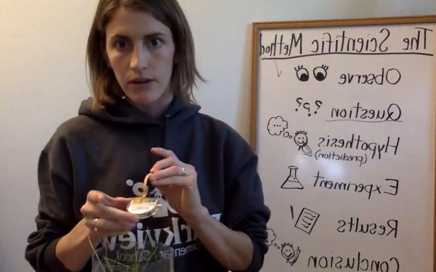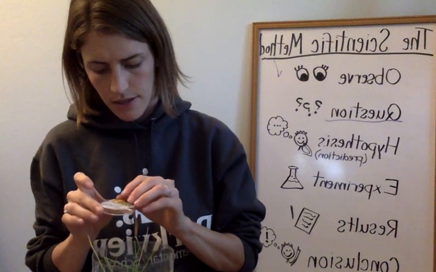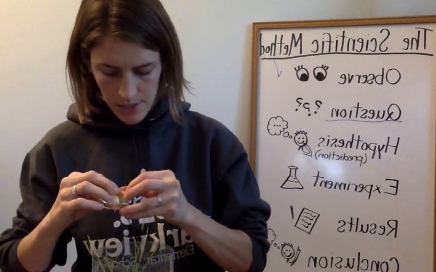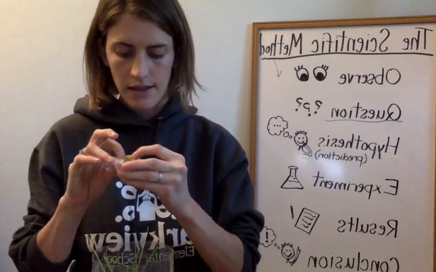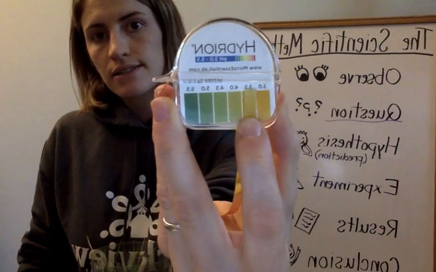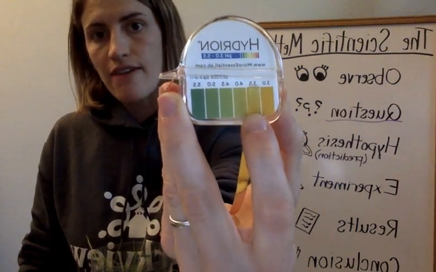So what I'm doing now is I'm comparing it to the colors, and I see that the tape that I just dipped is just about exactly the same color as the square under pH 3.5, if you can see that.